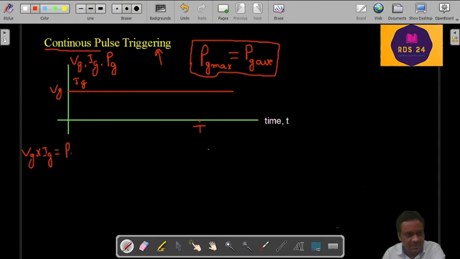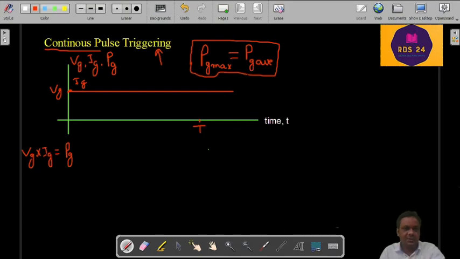So Pg is also the same profile. That means all these factors have a constant profile with respect to time throughout the cycle. So this is also the maximum power, and at this moment maximum and average are the same thing.